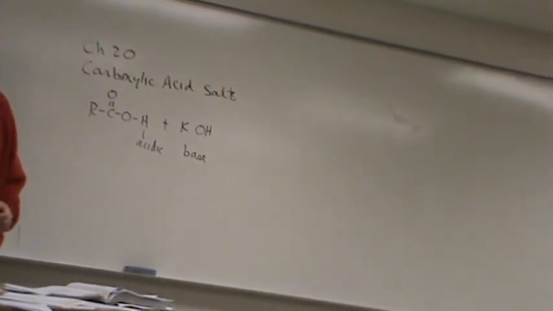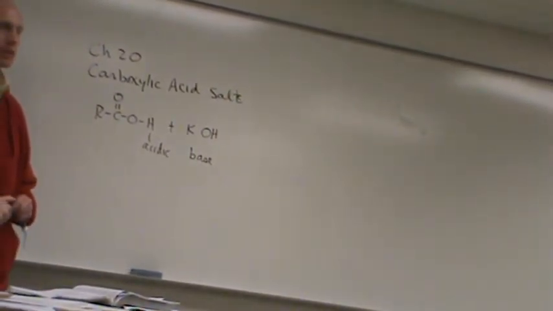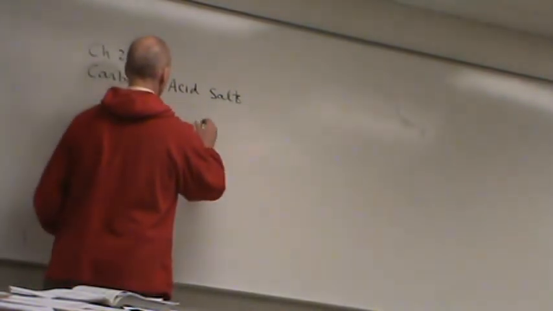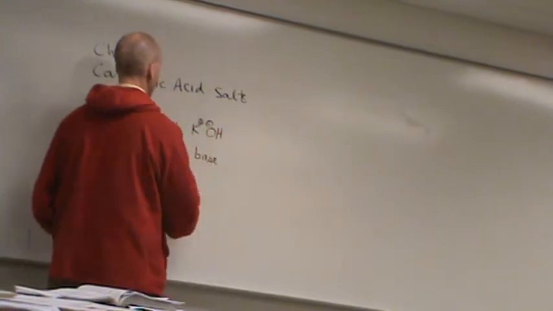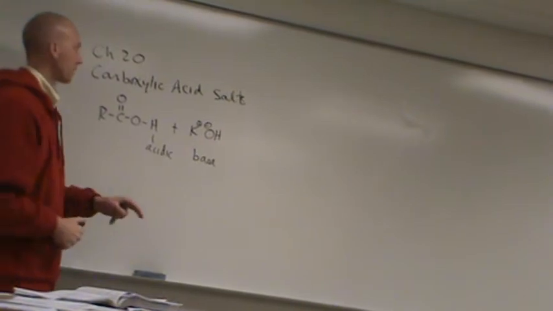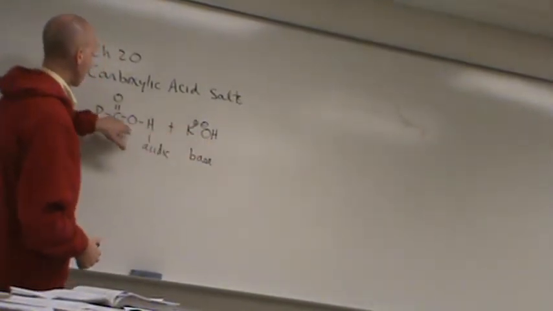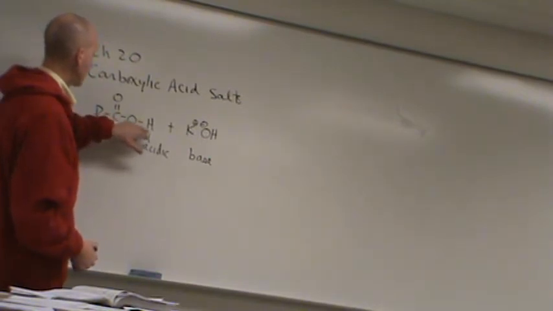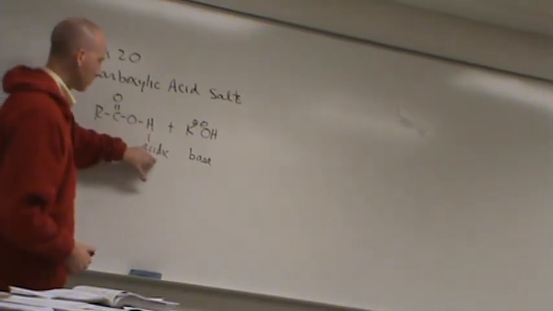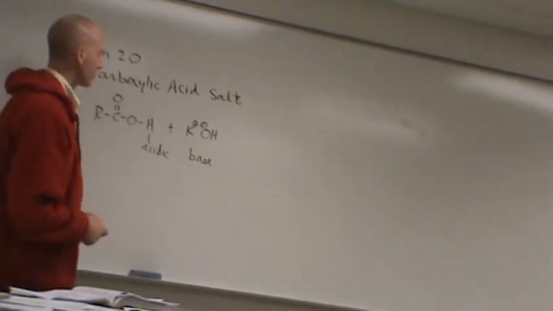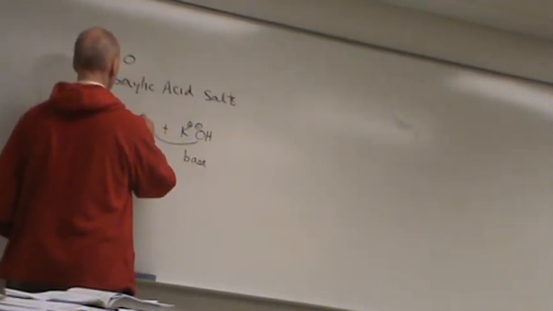Remember, when you see KOH, you can write it as K plus and OH minus. So the OH minus is the basic part. Where will the OH minus attach over here? No, the hydrogen. It's inside the acid. Right. Base attacks the acid. Okay. So let's go ahead and show that here.